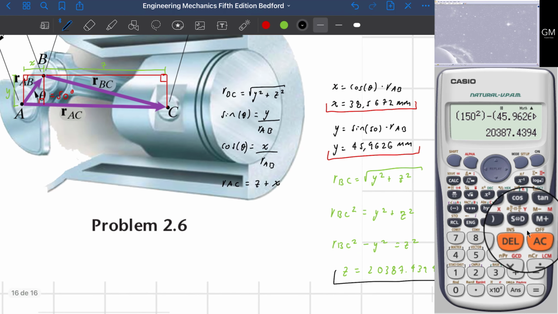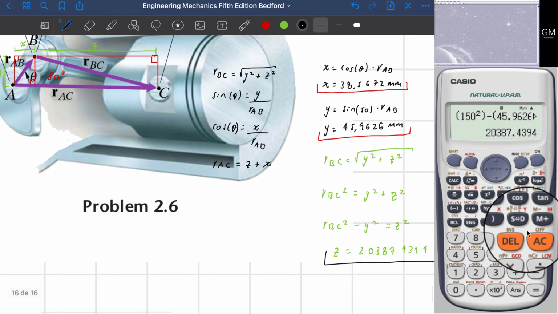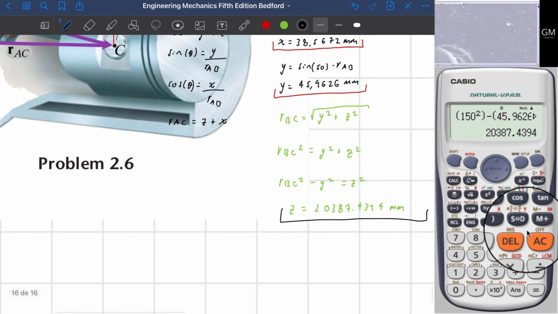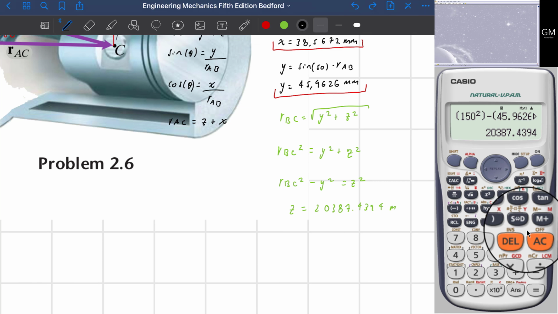Let me check this value. I think it's incorrect. It has to be incorrect. Oh yeah, because right here I'm looking for this value, and I have to look for this value.